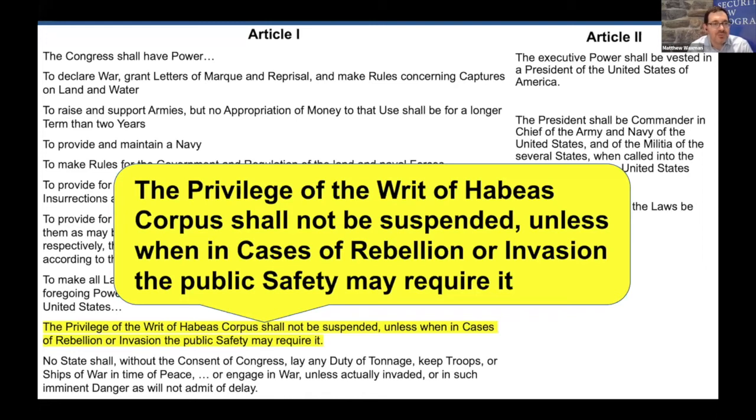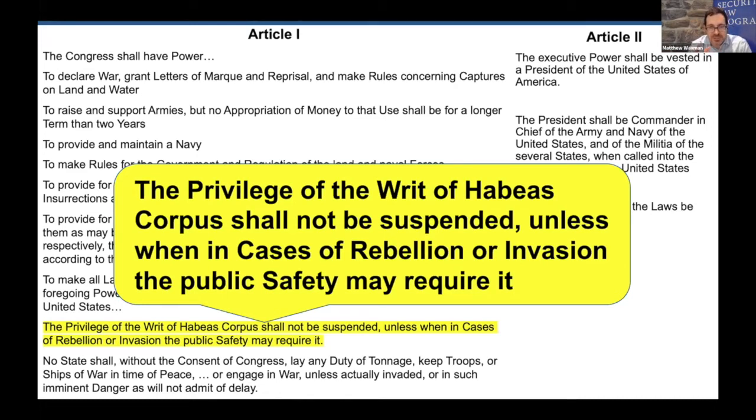I think when viewed as an element of Article 1, which is all about Congress, the best argument is that it was intended for Congress and only Congress to have this right. But there's a very interesting debate in the Civil War about whether under some circumstances, perhaps the president also has the right or the power to suspend the writ of habeas corpus.